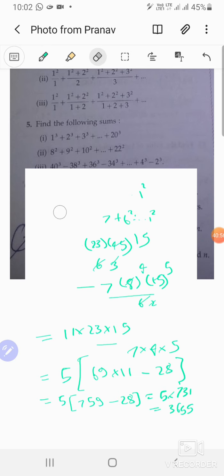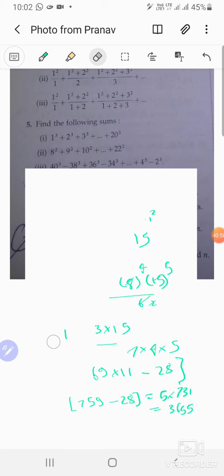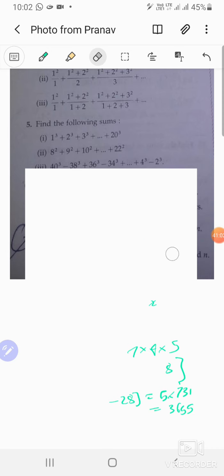The next thing is 40 cubed minus 38 cubed plus 36 cubed minus 34 cubed, and so on. Okay, fine. That's not a big deal. I can just regroup this. Actually, I should say r plus 2 cubed.